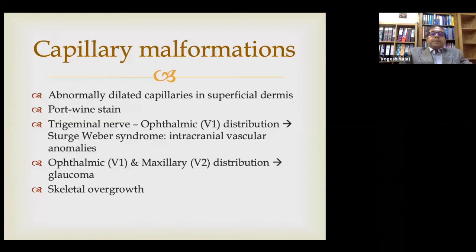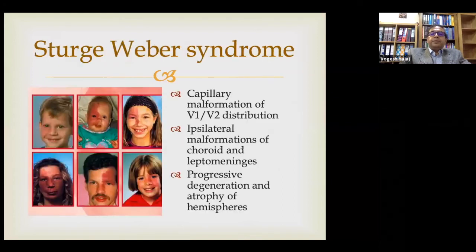Okay, so capillary malformations are just abnormal dilated capillaries, or what's called port wine stains, and usually you see them in the trigeminal nerve distribution. Rare, we don't see them.